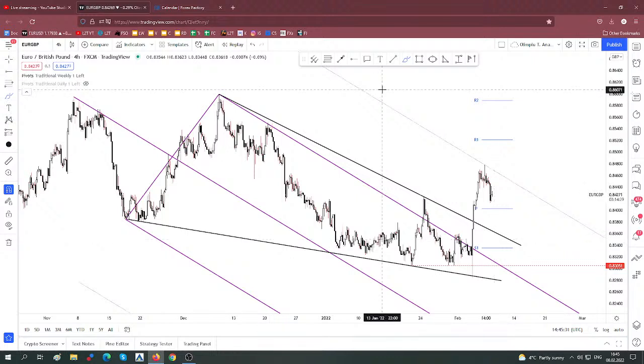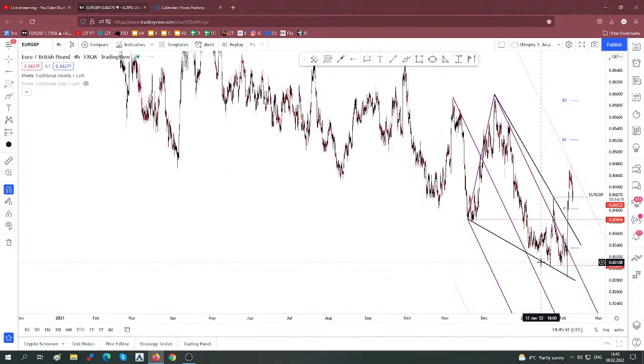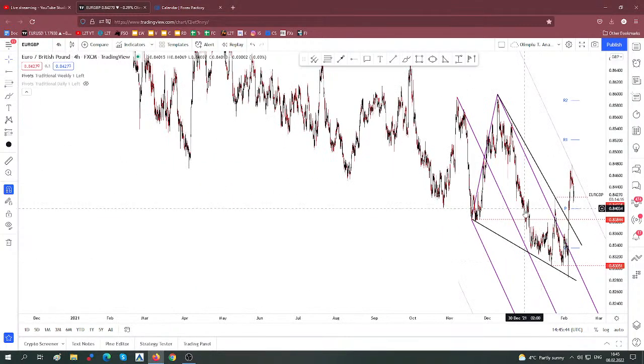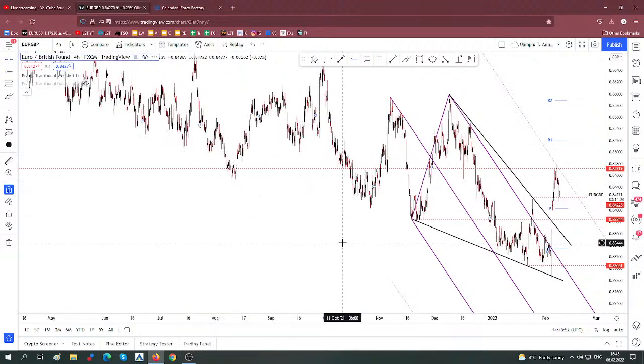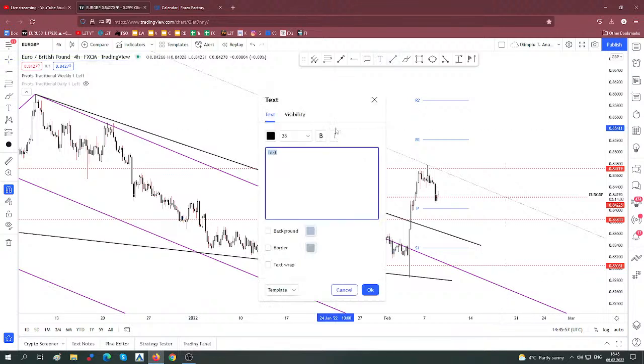Right now, maybe this could be only a temporary retreat. Something like this. It has found resistance around 0.8471, and also here personally I have a 150% Fibonacci line.